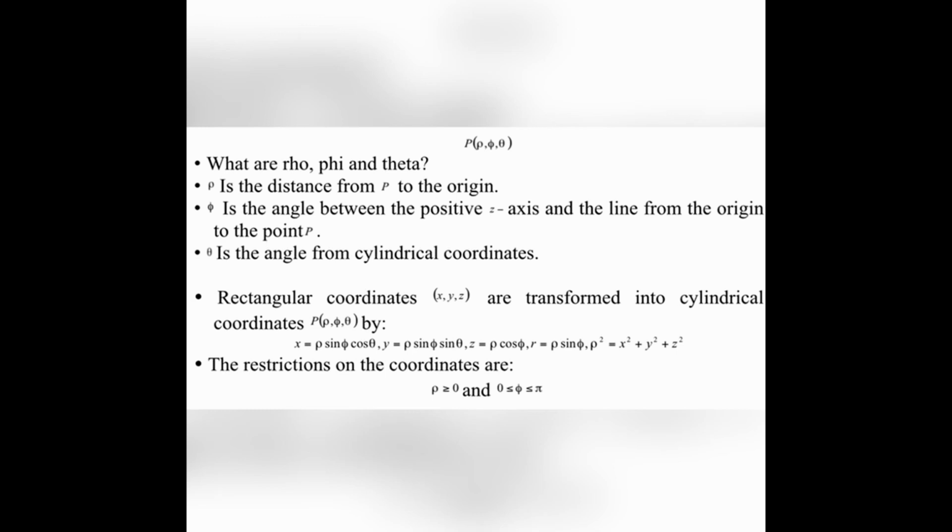Rectangular coordinates x, y, z are transformed into spherical coordinates by the equation x squared plus y squared plus z squared equals rho squared. The restrictions on the coordinates are rho greater than or equal to 0 and phi greater than or equal to 0 and less than or equal to pi.